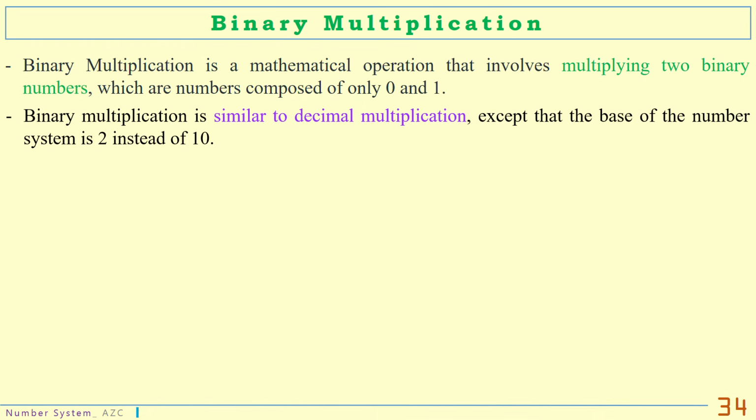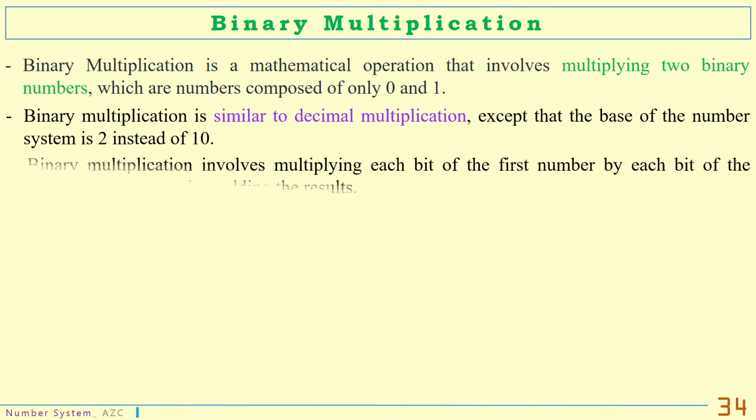Binary multiplication is similar to decimal multiplication, except that the base of the number system is 2 instead of 10. Binary multiplication involves multiplying each bit of the first number by each bit of the second number and then adding the results.